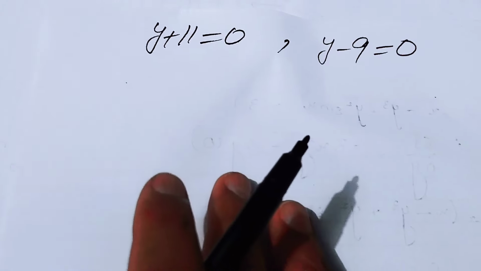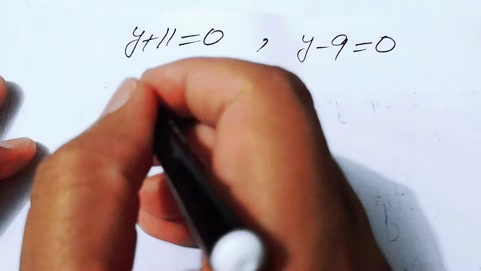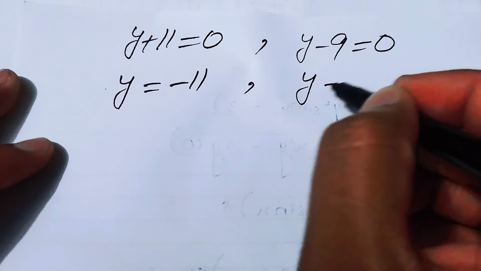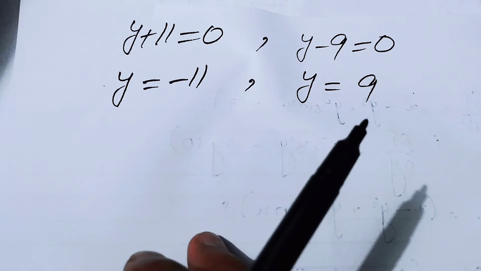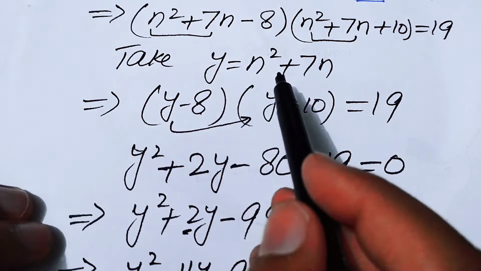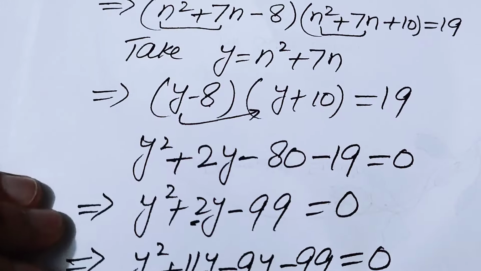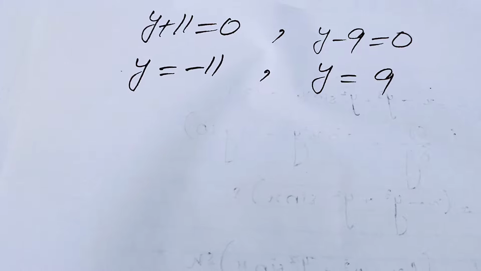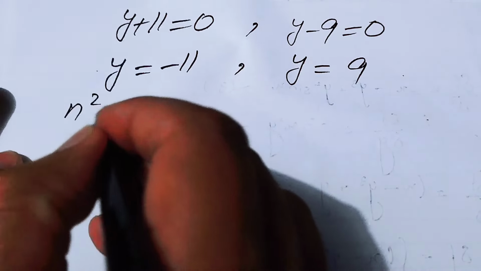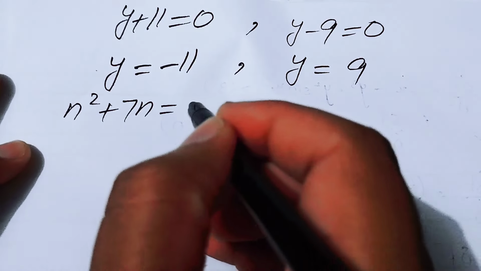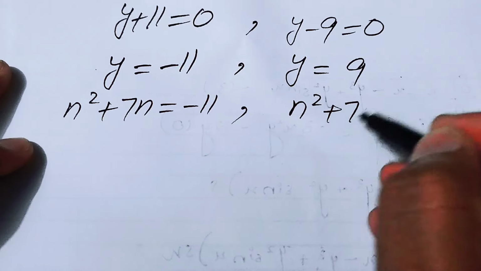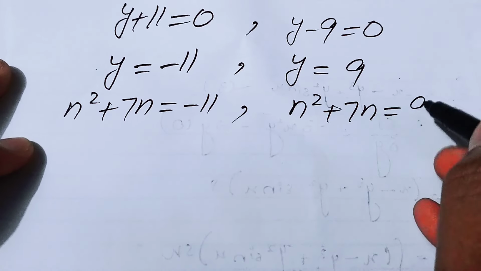So in the first case you get the value of y is equal to minus 11, and in the second case you get the value of y is plus 9. And in the start of the question we took y is equal to n squared plus 7n. So now we back substitute the value of y and you get n squared plus 7n is equal to minus 11, and similarly here you get n squared plus 7n is equal to 9.